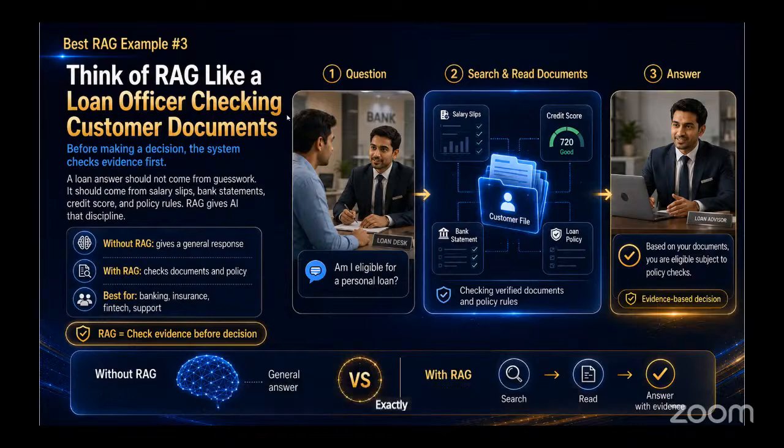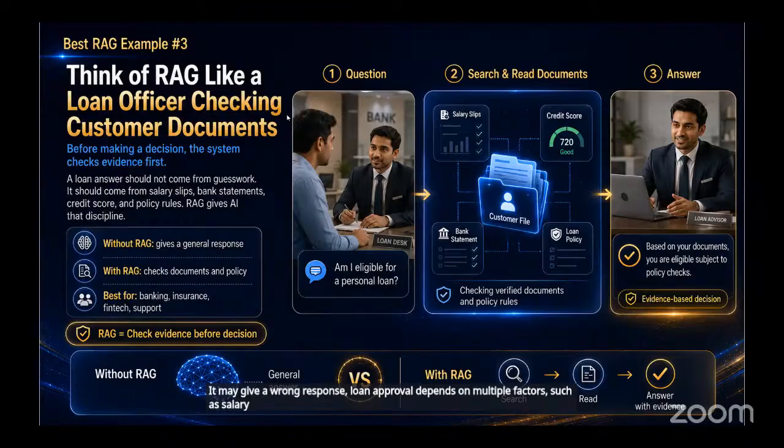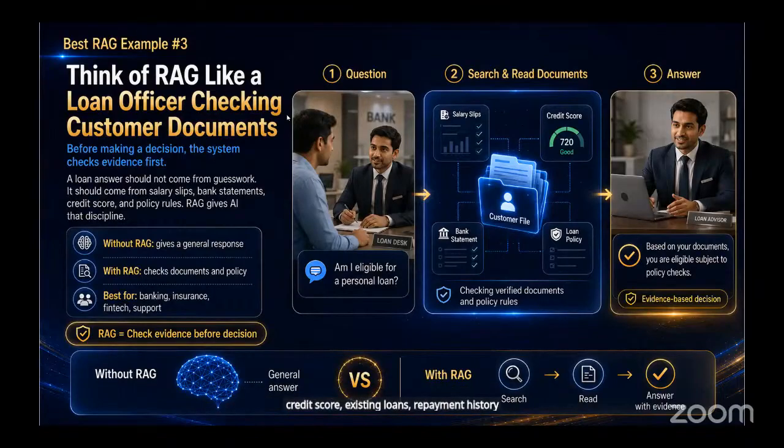Exactly. Similarly here also, if the LLM answers directly, it may give a wrong response. Loan approval depends on multiple factors such as salary, credit score, existing loans, repayment history, bank policies, and risk rules.